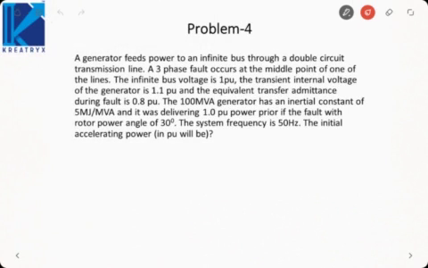In our next problem, it is saying a generator feeds power to an infinite bus through a double circuit transmission line. A three-phase fault occurs at the middle point of one of the lines. Okay, so this is a general case. The infinite bus voltage is 1 pu. The transient internal voltage of the generator is 1.1 pu.